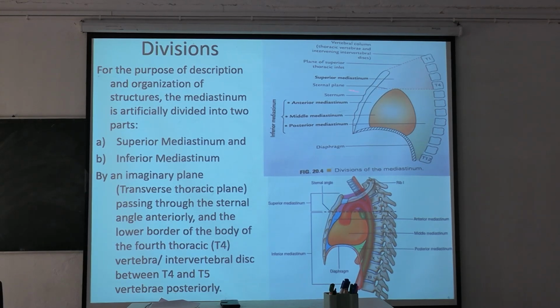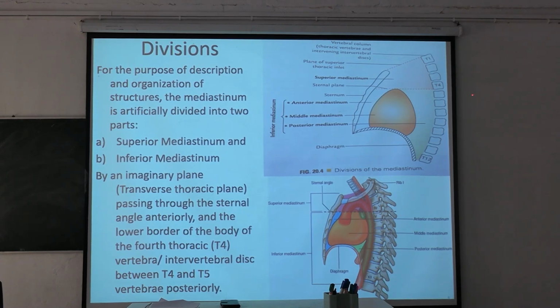So transverse thoracic plane is dividing the mediastinum into superior and inferior mediastinum, and it is passing anteriorly through the sternal angle and posteriorly through the lower border of body of T4 vertebra and intervertebral disc between T4 and T5 vertebra. Here, this line, see, this is T1, T2, T3, T4.